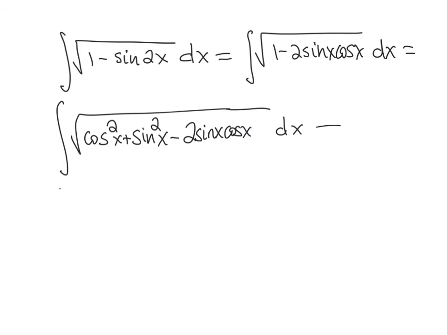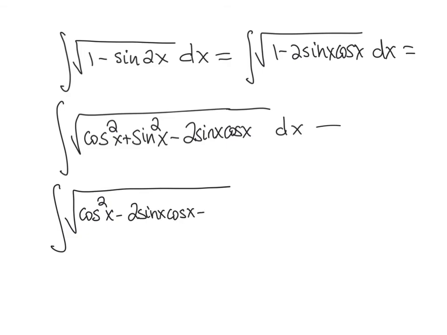This is equal to the square root of cosine squared x minus 2 sine x cosine x plus sine squared x dx, which of course is a perfect square. The square root of cosine x minus sine x, squared.